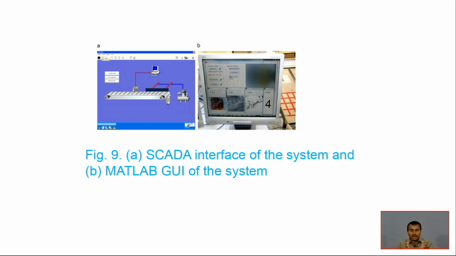Now we have merged the acquired image system through the cabinet connected to the computer, the computer connected with the control system, connected with the piston, which is connected to the pneumatic system. So the whole system operates under a single control, and here is a MATLAB GUI of the system. Here the SCADA framework is integrated in the image processing system for quality assessment and classification of the marbles as well.